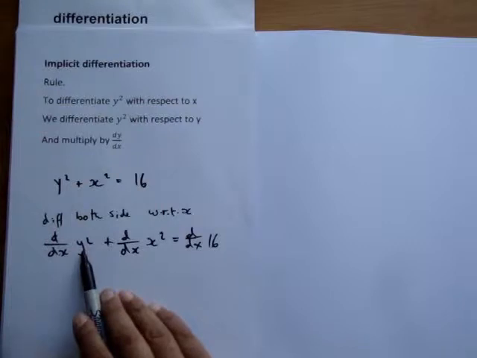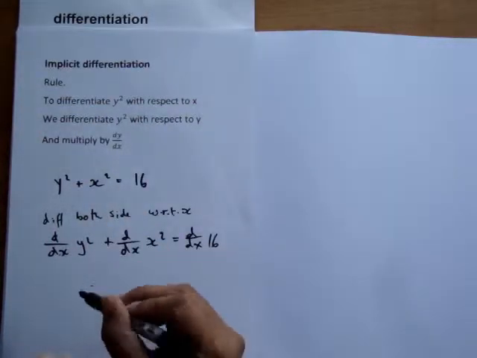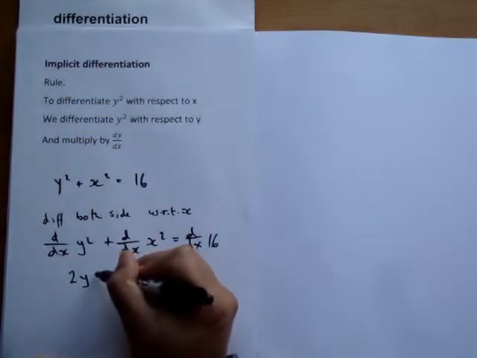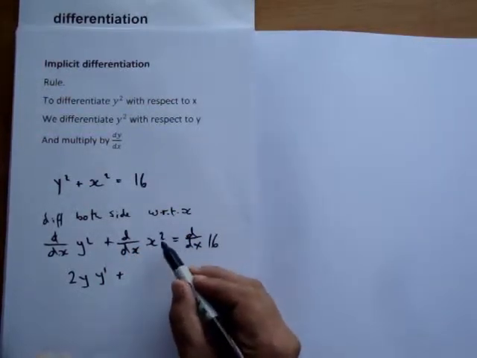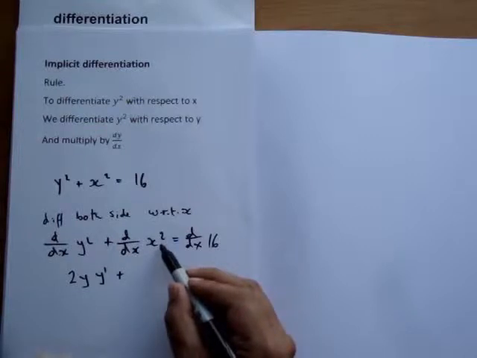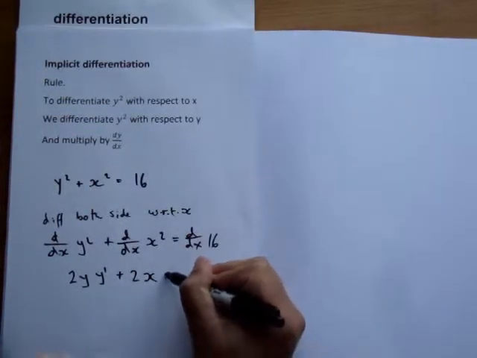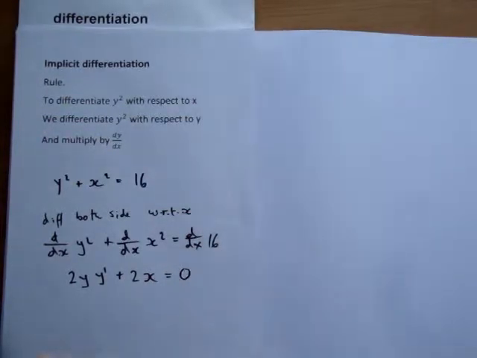When we differentiate the y squared with respect to x, we get 2y dy by dx, which we can write as y prime notation. When we differentiate the x squared, we get 2x, and when we differentiate the 16, we get 0.